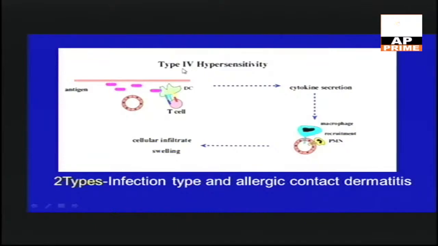Here the antigens stimulate the T lymphocytes, which in turn produce many cytokines that activate the macrophages, mast cells and neutrophils, leading to cellular infiltrate.